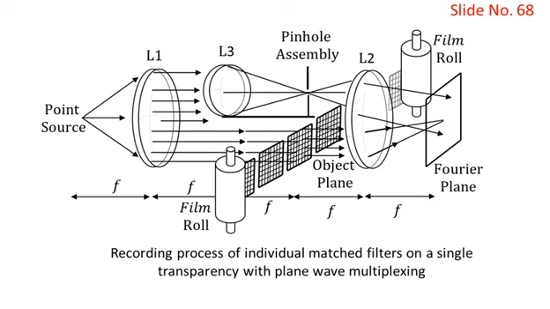But for the next matched filter, corresponding to the next object, we shall replace the object by the next object in the queue. The next object will appear, and at the same time we shall move the L3 and pinhole assembly with precision by some angle, so that the plane wave angle will be changed for the second object.